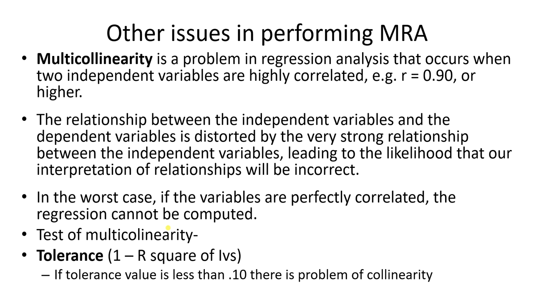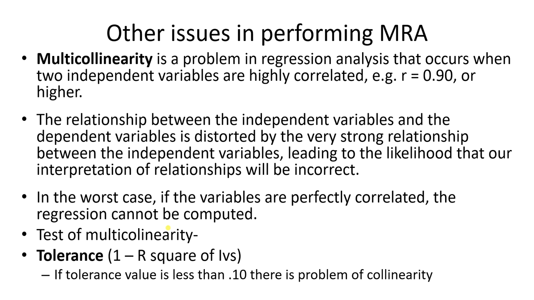Both variables may be important for making predictions, but because of their high correlation, the multiple regression analysis, say stepwise, will select one and remove the other. So multicollinearity is a big problem, and there are different ways to handle it.